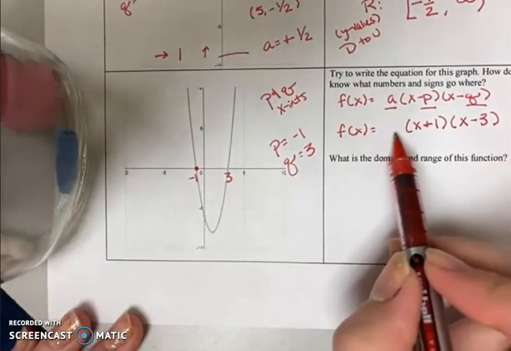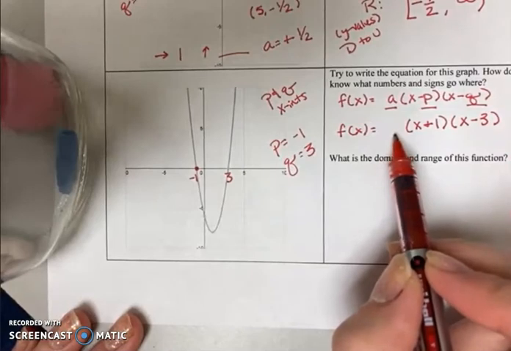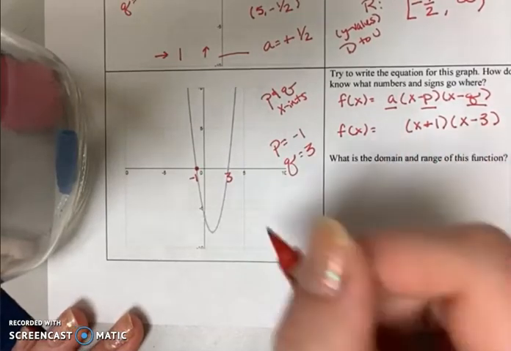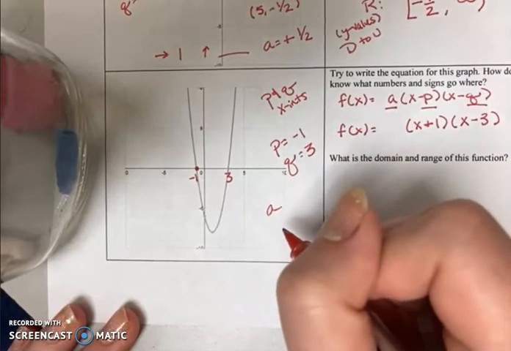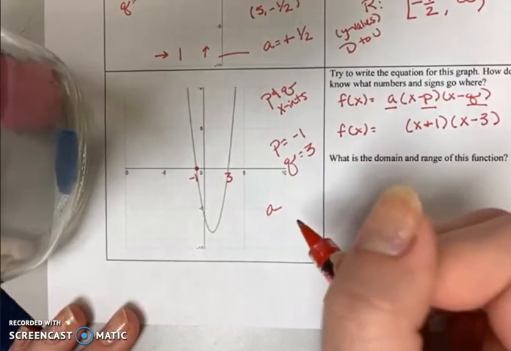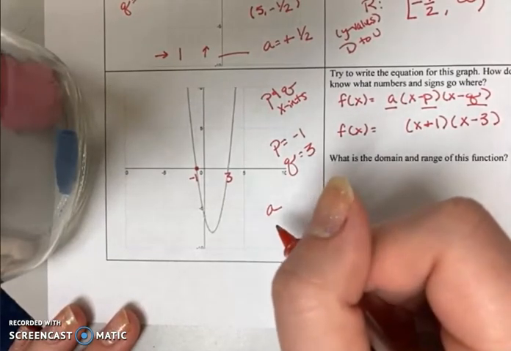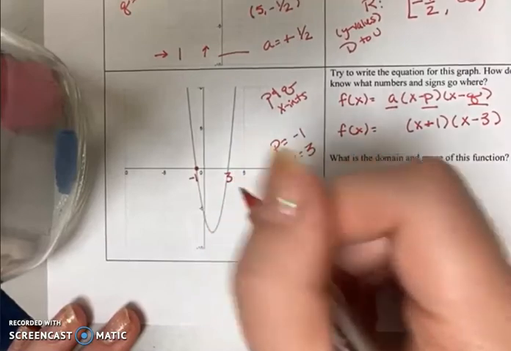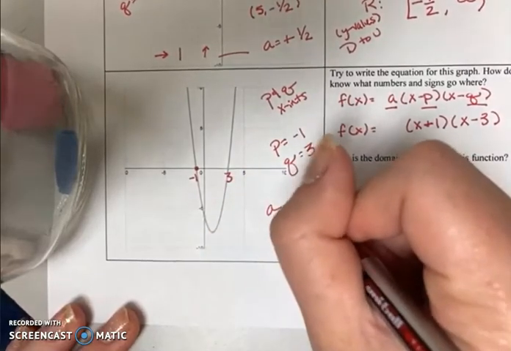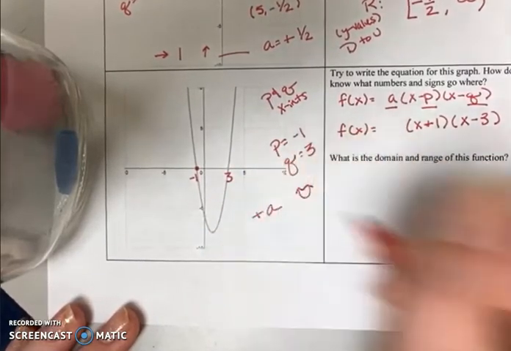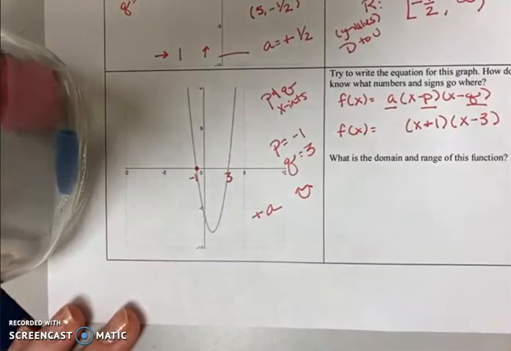So now all I have to do is write what a would be. Remember, a can tell us a couple of different things. The first thing it tells us is if the parabola opens up or down. In this case, the parabola is opening up, which means a is going to be some positive number.